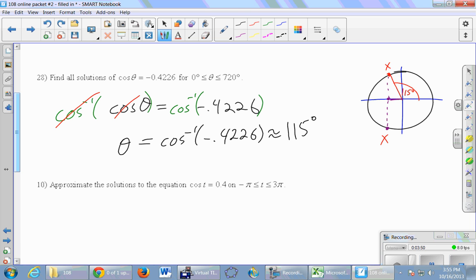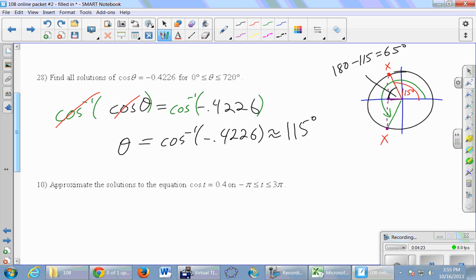And then we'll go ahead and draw it to the origin, and so then the other answer that we're looking for must be this one. And now we really have to think about symmetry in order to figure out what that green angle truly is. There are a couple of different ways to figure out what it is. I'm going to encourage you to make use of something called the reference angle, which we'll talk about some more next class. The reference angle involves finding this angle in here. So if it's 115, then we can subtract 180 and get that in here is 180 minus 115, or 65 degrees.